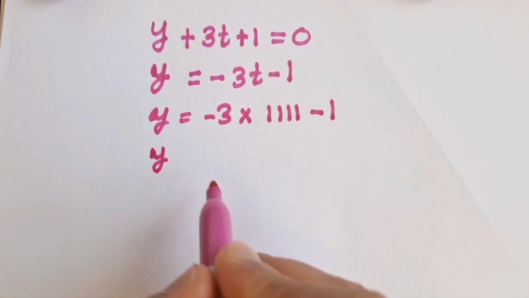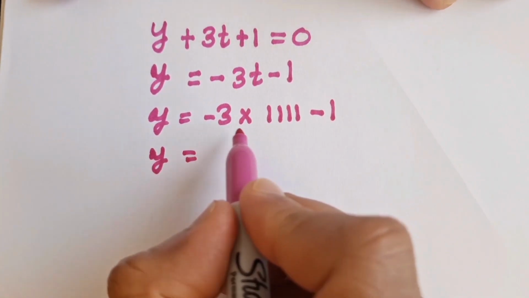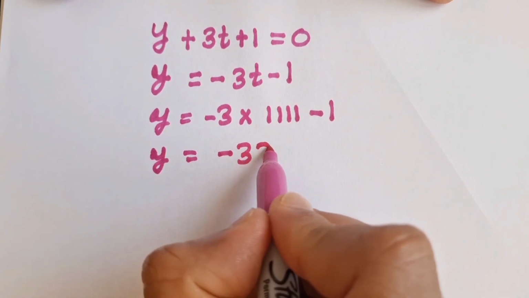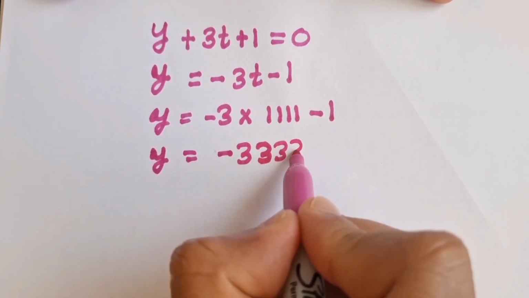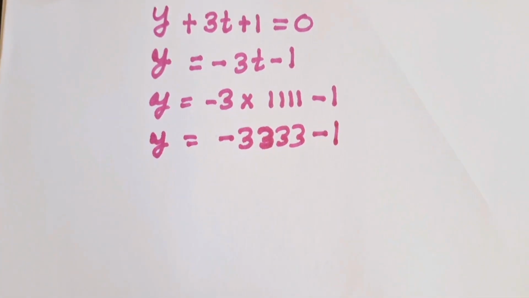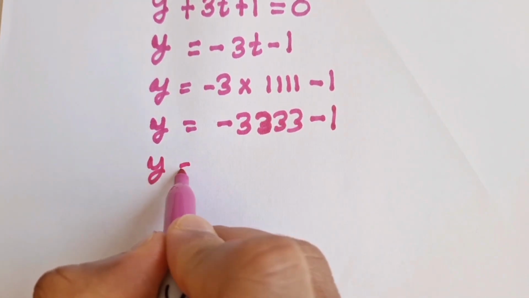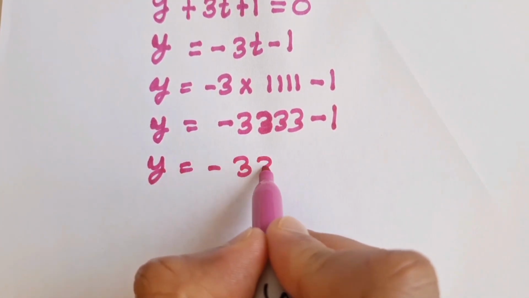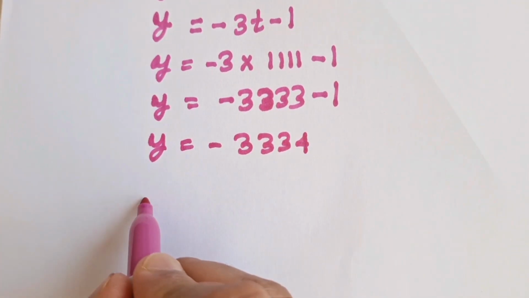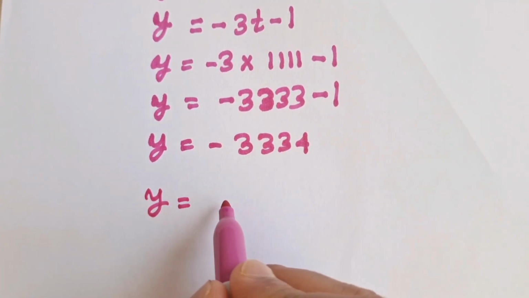Y is equal to minus 3 times 1111 minus 1, which is minus 3333 minus 1. So we have the answer for y, which is equal to minus 3334.